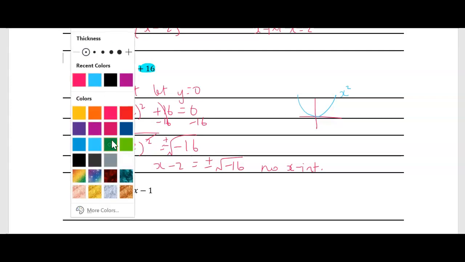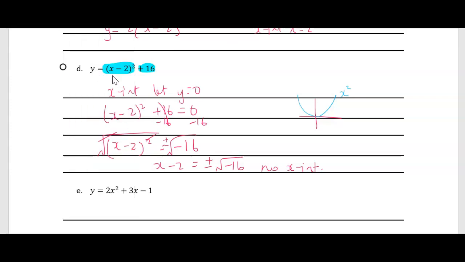This one's shifted to the right too, so h is 2 and then up 16. It's going to look something like that. So it doesn't have any x-intercept. When it doesn't cross the x-axis, or sit on the x-axis, there's no x-intercept.